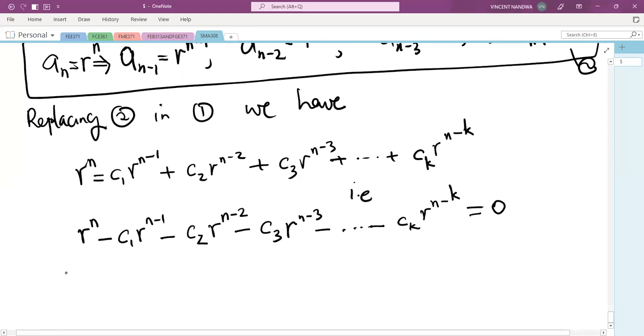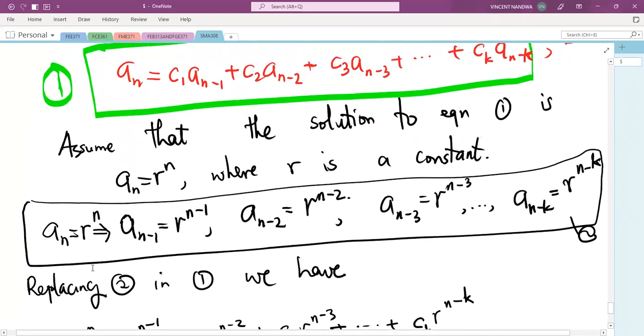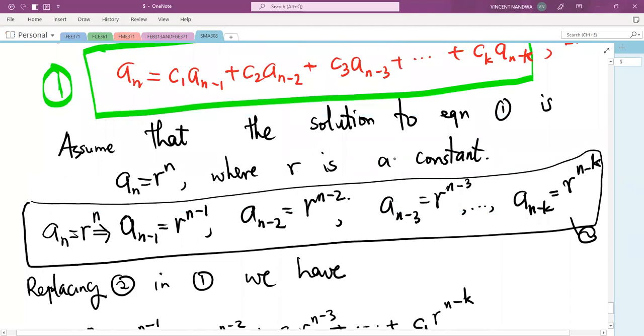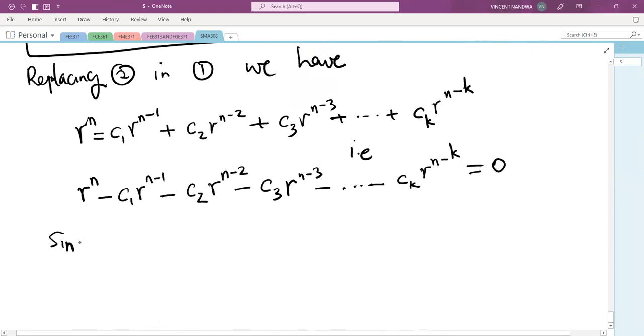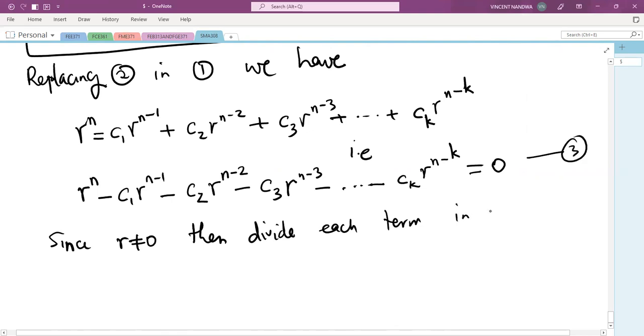Now, since r is a non-zero constant, let's call this equation 3. In 3, divide each term by r^{n-k}.